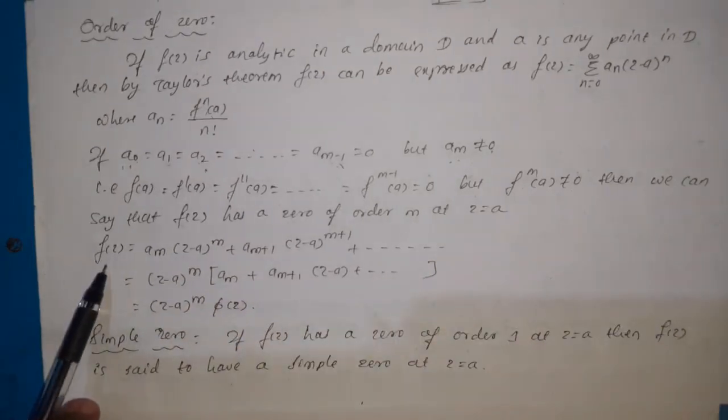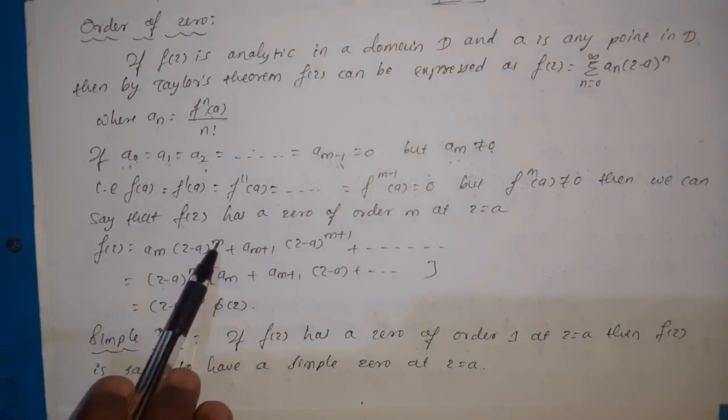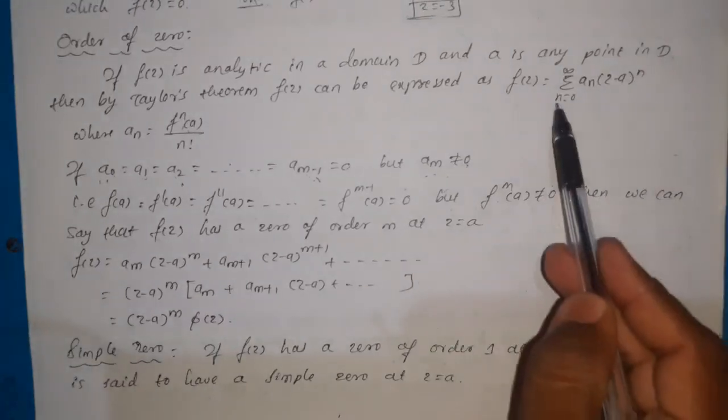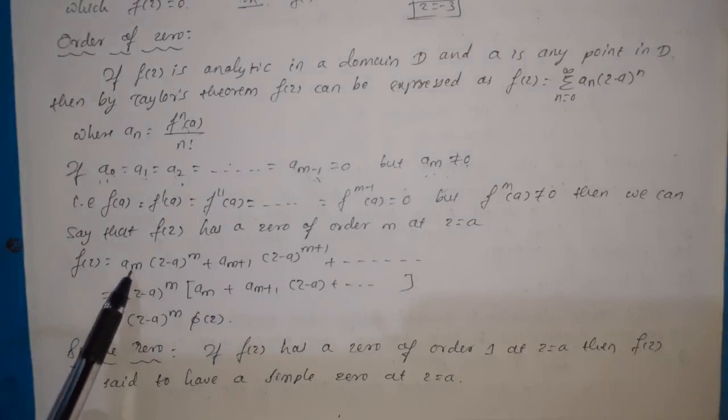Therefore we can consider f(z) is equal to a_m (z minus a) whole power m. Actually here n goes from 0 to infinity, but we are considering the first term as a_m because all the terms up to a_(m minus 1) are equal to 0.